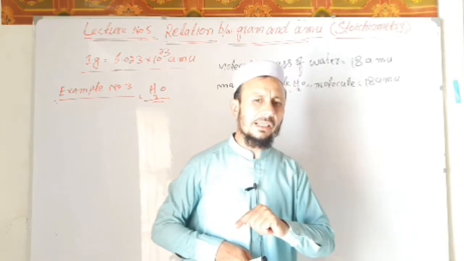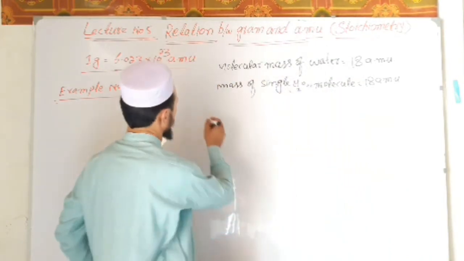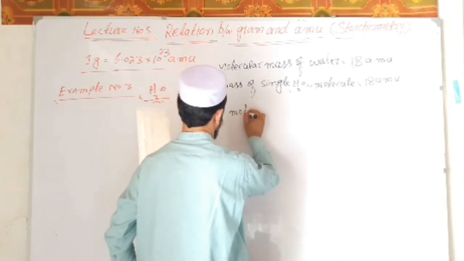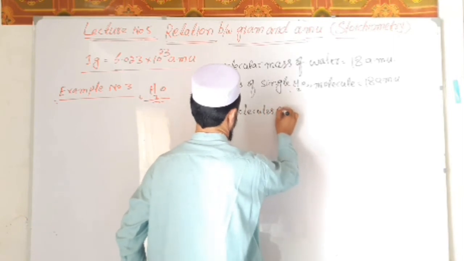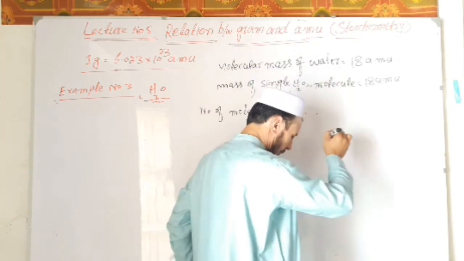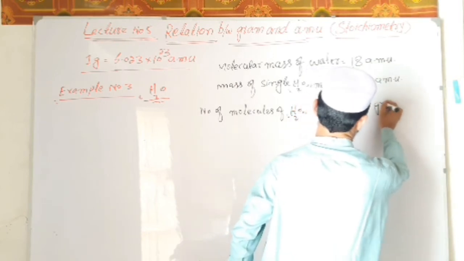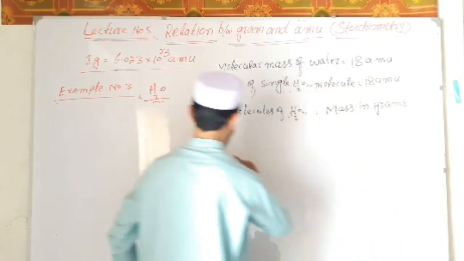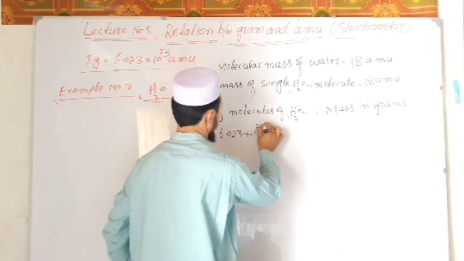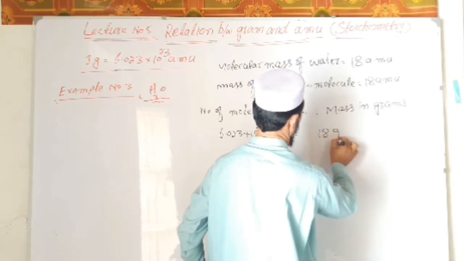We will derive this from the relationship between mole and Avogadro number. So dear students, number of molecules of H2O, ratio, mass in grams. Avogadro number of water molecules, such as 6.023 multiplied by 10 raised to the power of 23 water molecules, have a mass equal to 18 gram.